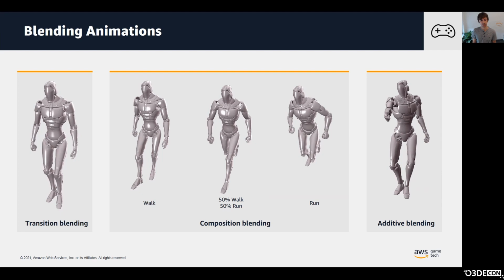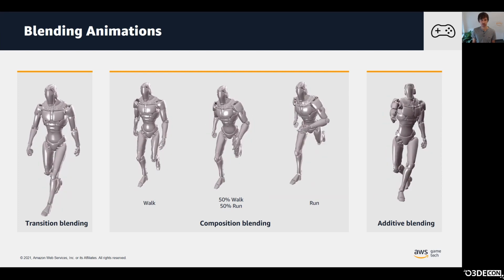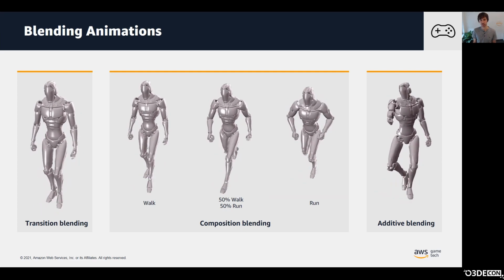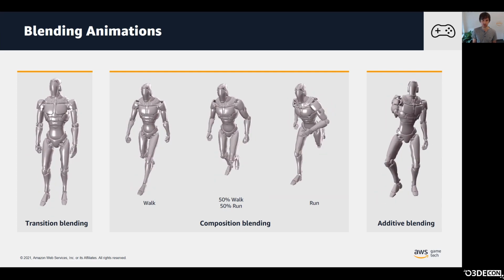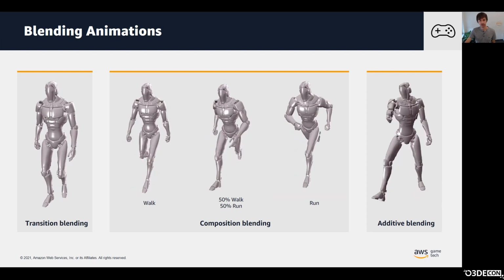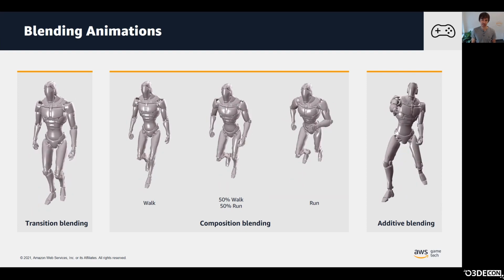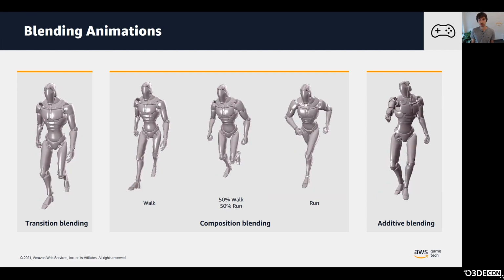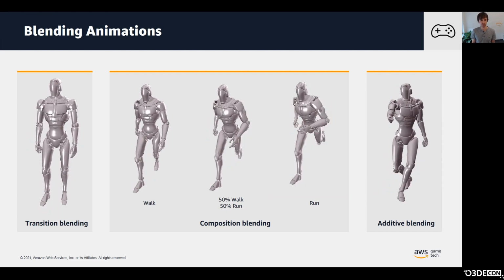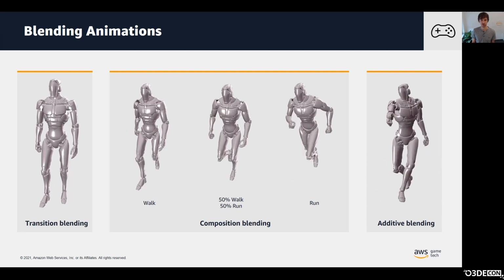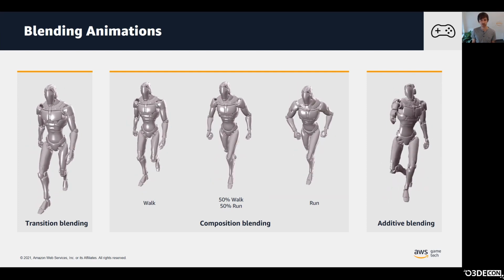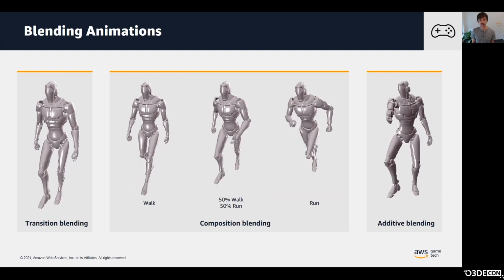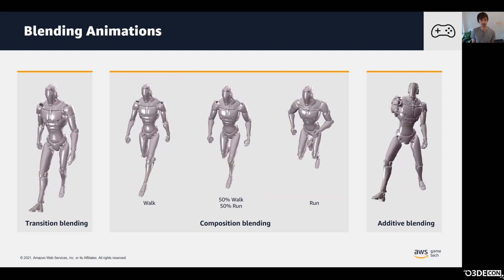And in order to blend a pose, each component of the joint transform, as in position, rotation, and scale, is interpolated individually. Additive blending is an animation added on top of another one. This can be used to create recoil effects, for example, as you can see on the right. Here, the weight controls how much of the recoil additive animation is added on top of the walk animation.